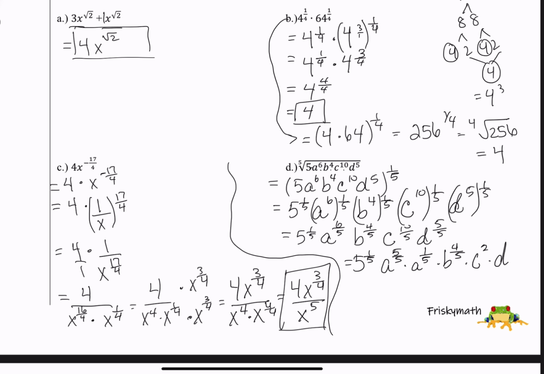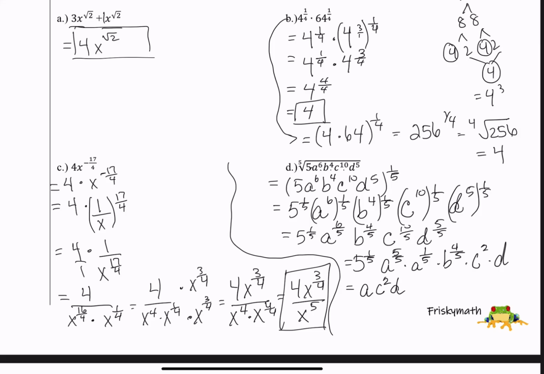All right, so let's see here. I think I'll take everything that's to a whole and move that to the front. So what I mean by that is I have a to the first power, or a to the 5/5, which is becoming a to the first. I have c to the second power, and I have d to the first power.